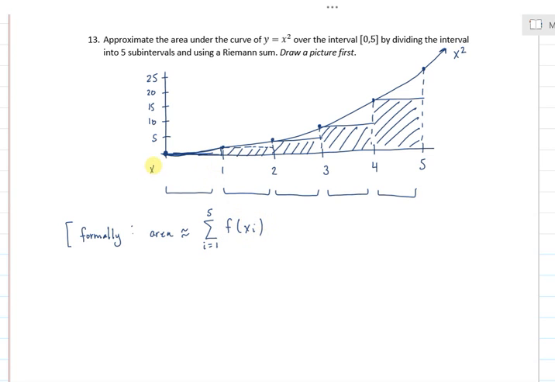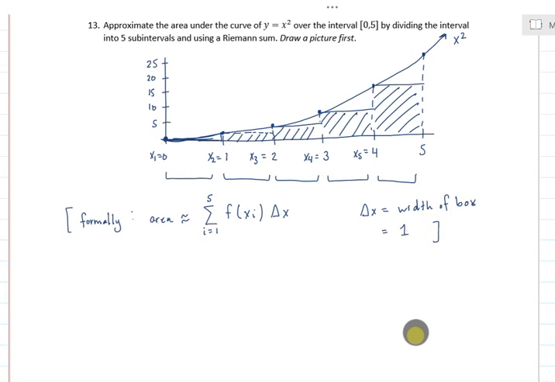So my x1 equals 0, my x2 is 1, my x3 is 2, my x4 is 3, my x5 is 4. Okay, so those are what I'm doing for these xi's, times delta x. Delta x is the width, and in this case it equals 1 for each of these boxes. Okay, but really I'm just doing areas.